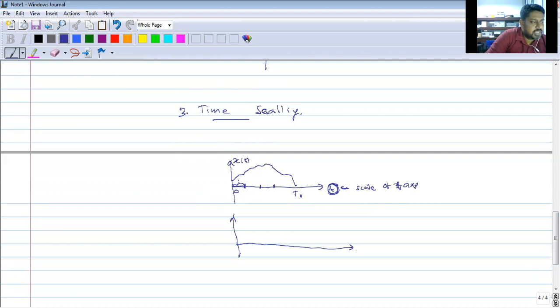Scaling means you are changing this distance. The distance may be increasing, or the distance may be decreasing. Actually, that is not the basic concept.